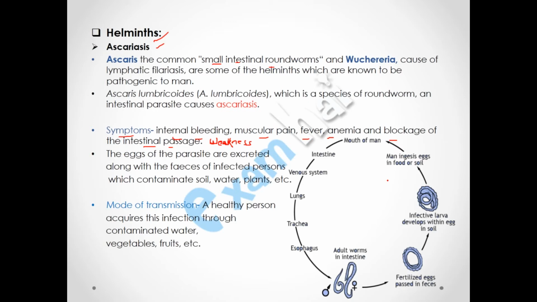So if a person is infected with this worm, feces is released into the environment, into the soil, and through the soil, with the help of water or air, these eggs are easily transferred to the food item that may be eaten by any other healthy person.